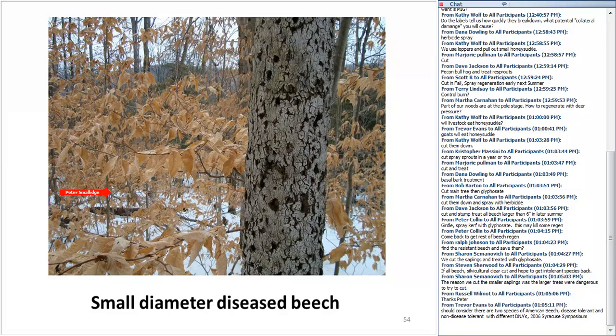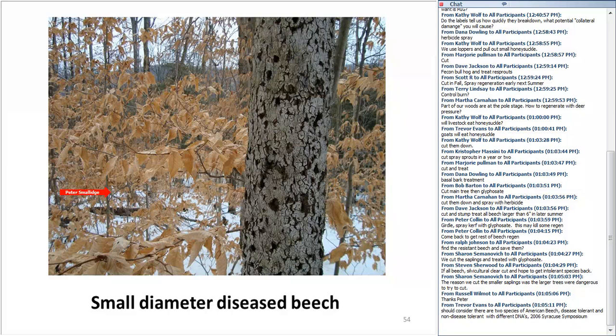We'll avoid those areas where we have the healthy beech trees. And then probably after the timber sale, and we've controlled the beech around the diseased beech in the area, we'll probably go in and cut those healthy beech so that we can reproduce them vegetatively, so we can make sure that we can retain that genetic base and proliferate that genetic base in that stand.